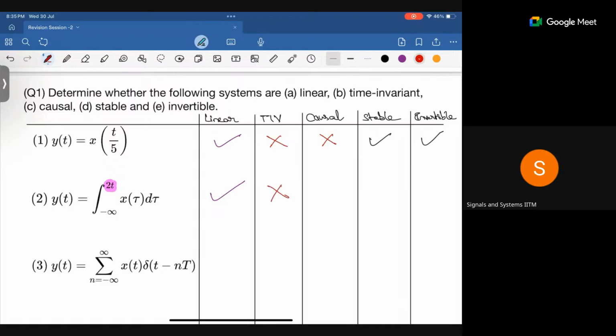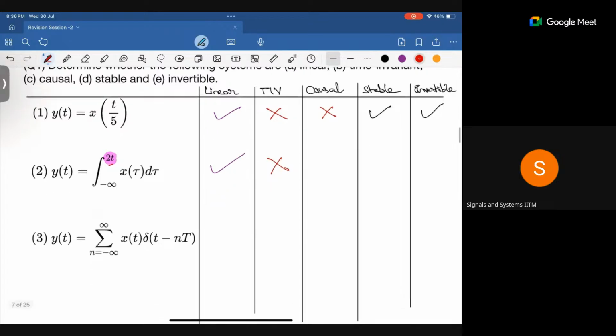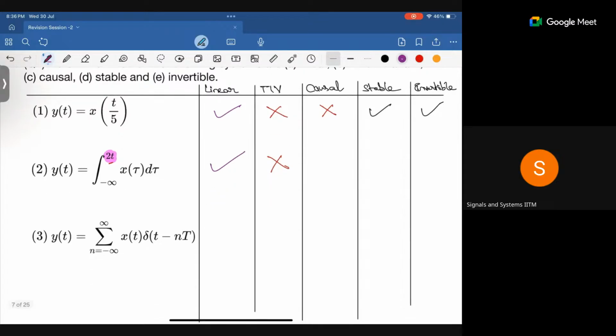So this will be a time variant system, and the reason is here. Even the integral limits depend on t, right? So y of t minus t naught is basically the integral from minus infinity to 2t minus 2t naught of x tau d tau.